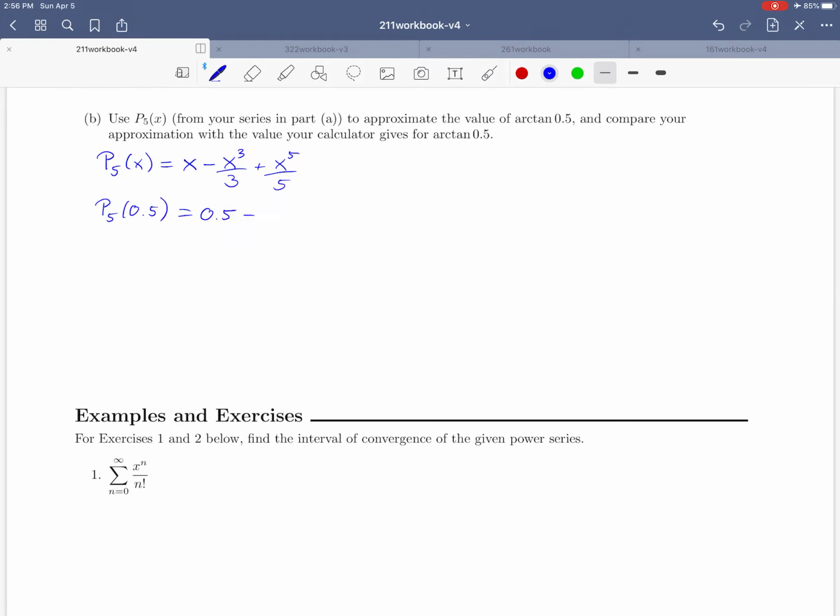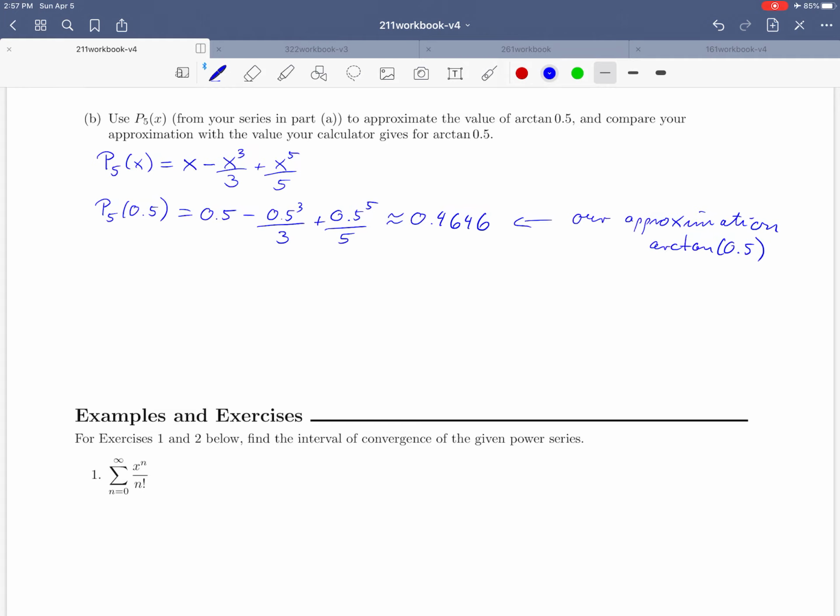So we have 0.5 minus 0.5 cubed over 3 plus 0.5 to the 5th over 5. And when you plug this into your calculator, that's approximately 0.4646. So this is our approximation of the arctangent of 0.5.